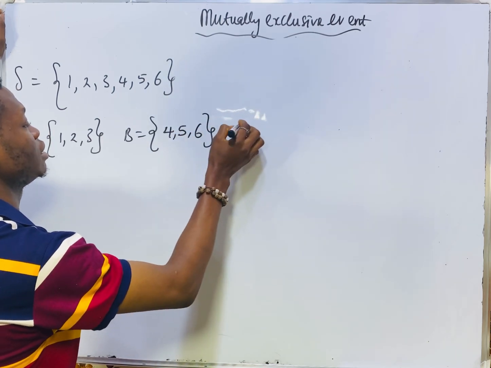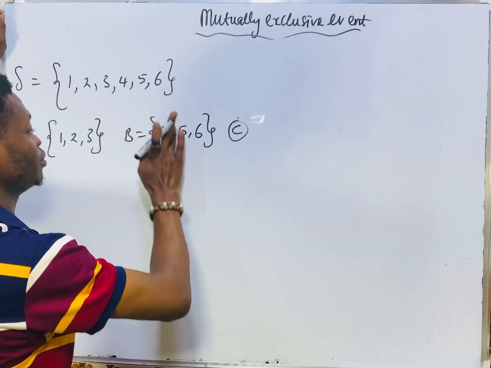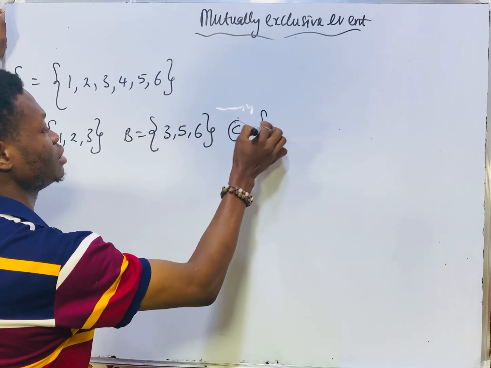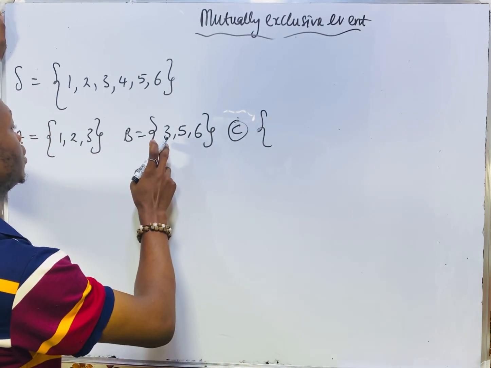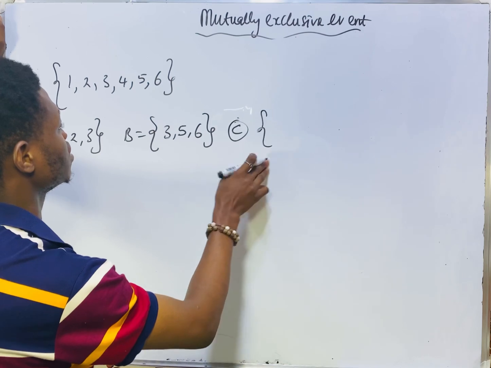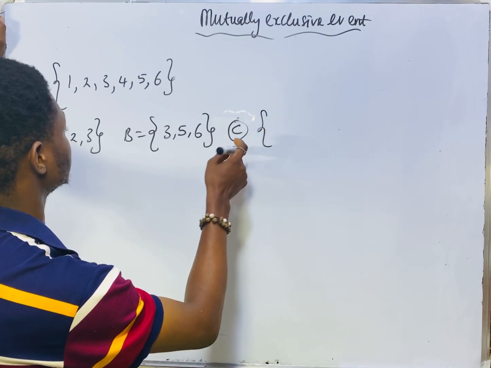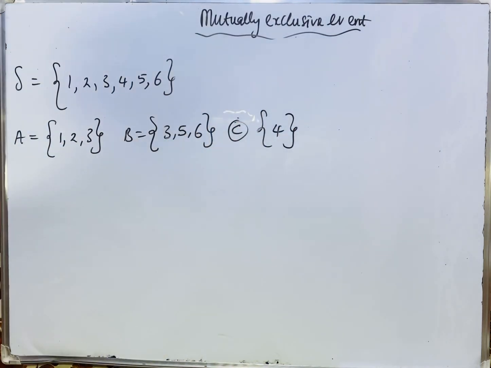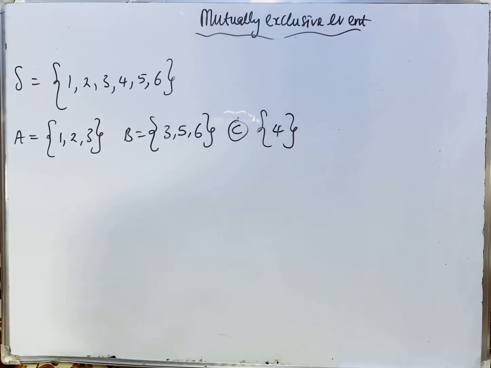Let me put 3 here: 3, 5, 6. And my set C is, let me say, 2, 6, 4. So this is my sample space and I have all these sets.